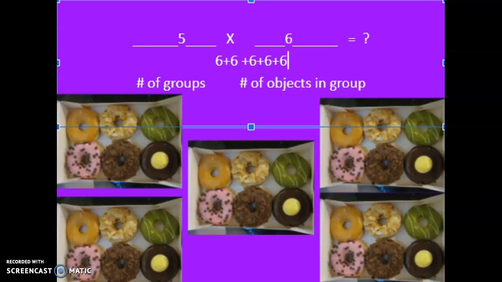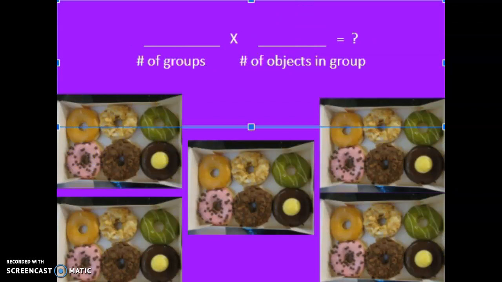So if we're actually representing this problem, we would want to write 6 plus 6 plus 6 plus 6 plus 6 because it's the objects that are being repeated. So in this problem, we have 30 donuts because 5 times 6 equals 30.